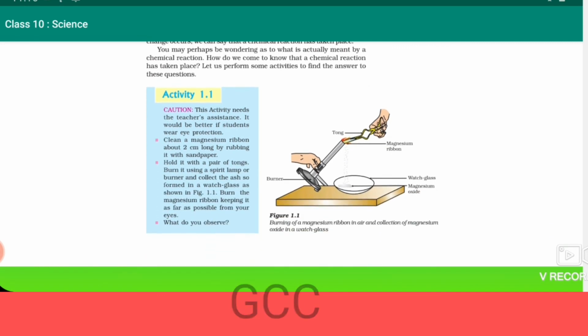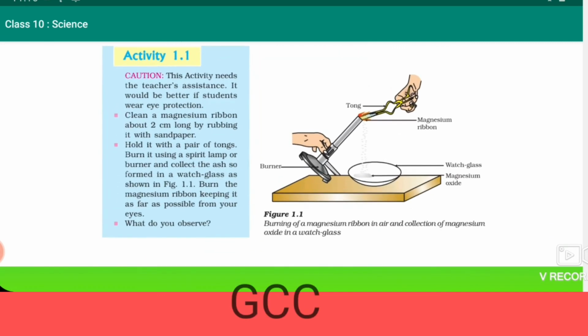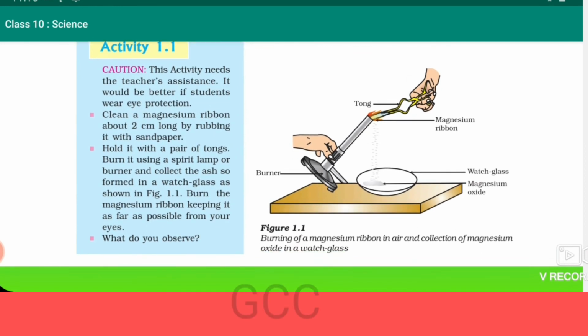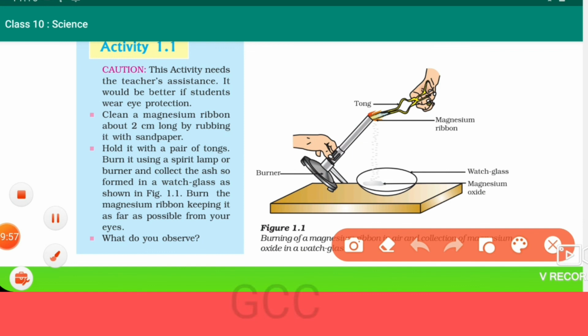This is activity 1.1. In this activity, beta, you can see this picture very carefully.